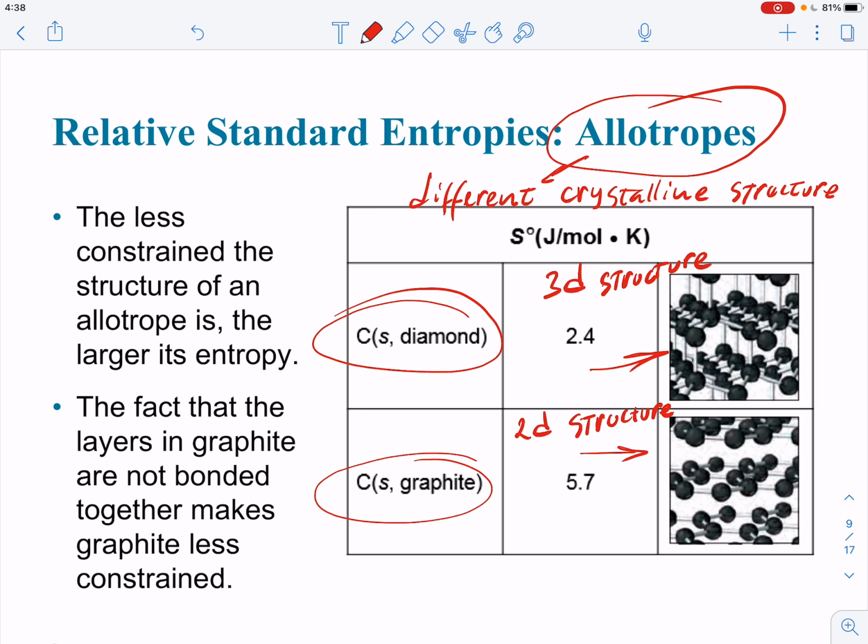There is the potential for those graphite sheets to move on top of each other. So if you can move them relative to each other, then you are adding microstates in which you can dissipate energy. That doesn't happen in the crystalline structure for diamond. That network will not move anywhere. Those atoms will be fixed in place without any possibility to move. So that's why the entropy for graphite is larger, because you can add more microstates to that crystalline structure. Okay, so that goes for allotropes.